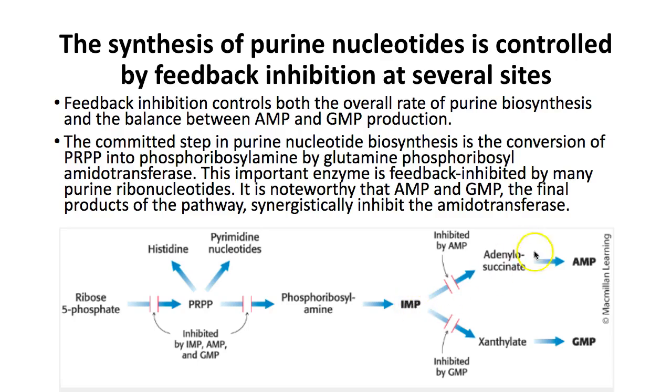These purine nucleotides, AMP, IMP, and GMP, also inhibit ribose 5-phosphate becoming that activated sugar of PRPP. So when you have so much IMP, AMP, and GMP around and blocking PRPP from changing into purine, then it has the direction of going and making pyrimidine nucleotides instead, or histidine.